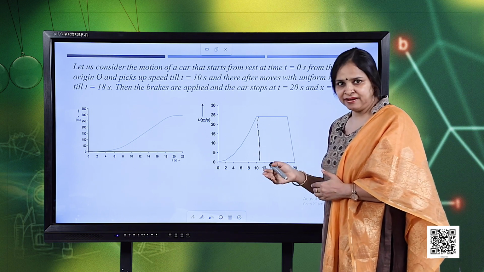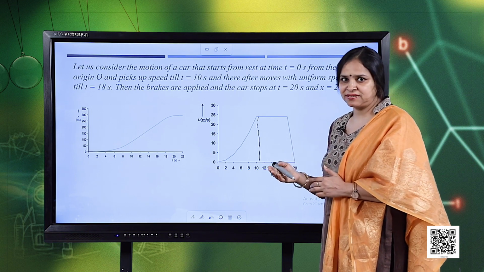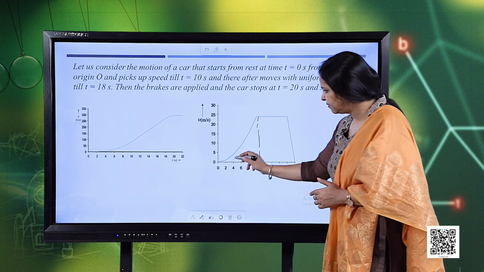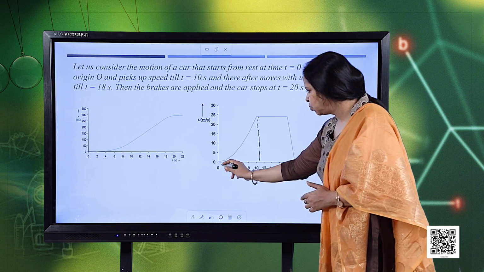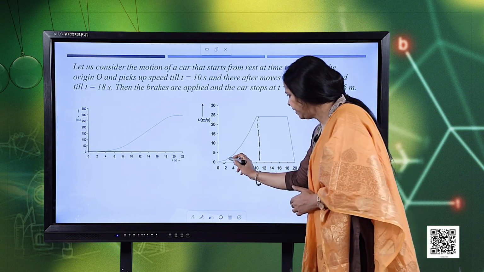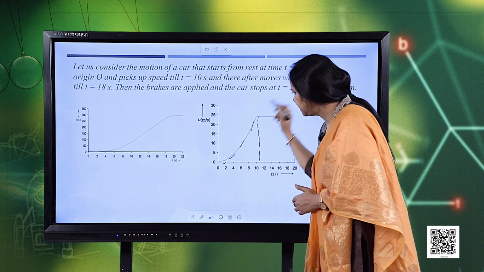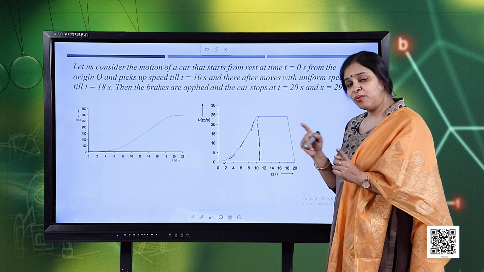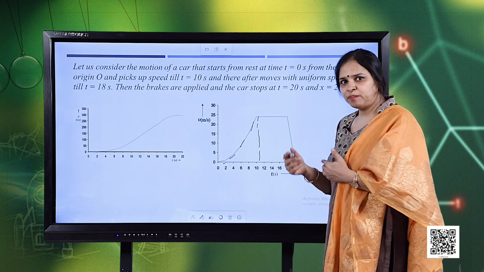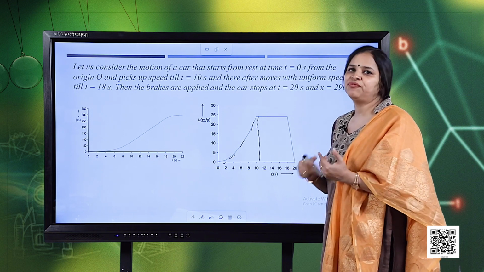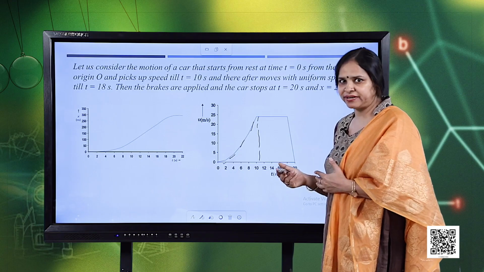Velocity is increasing, but acceleration is not constant, it is variable, because as we move towards 10 seconds, at every instant the slope is getting steeper and steeper. The steeper the slope, the faster the speed is increasing.